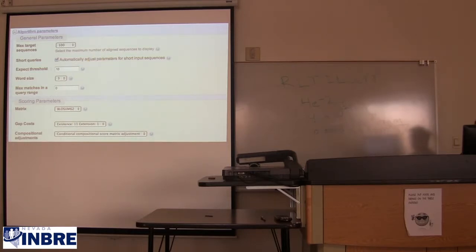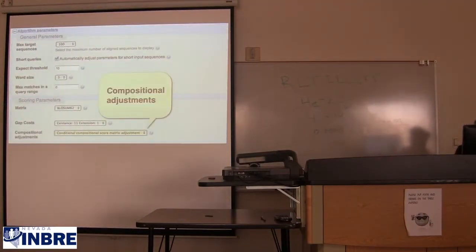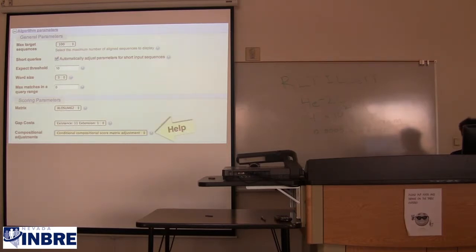Finally, since my example is in BLASTP, I have to mention compositional adjustments. These statistical calculations are applied by default to provide more accurate e-values based on the amino acid composition of the 2 sequences being compared. Use the help icon to get further information and references.